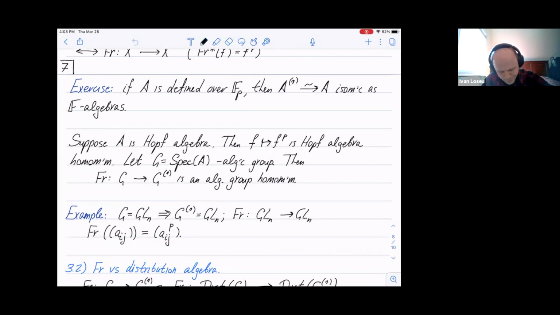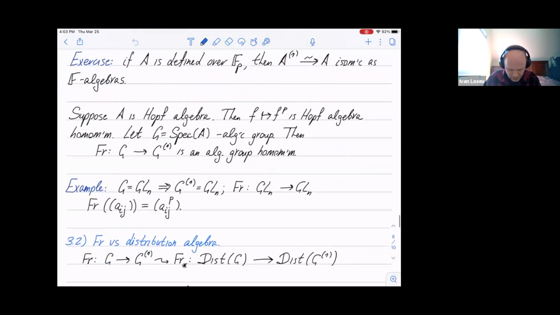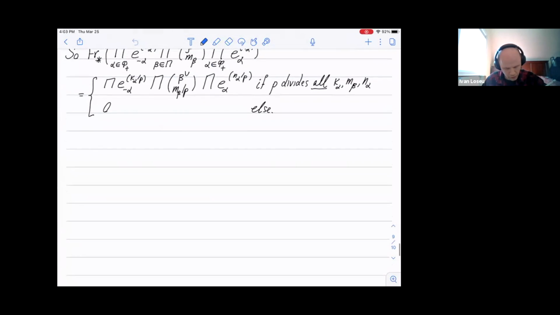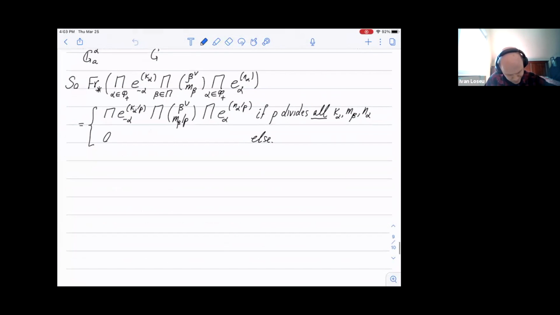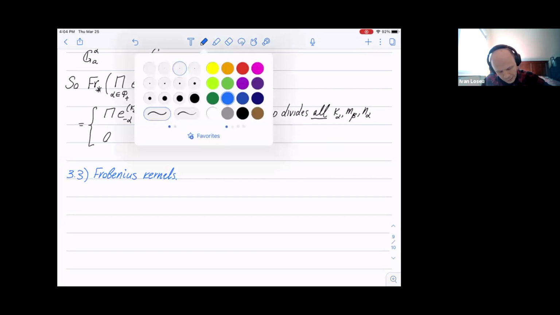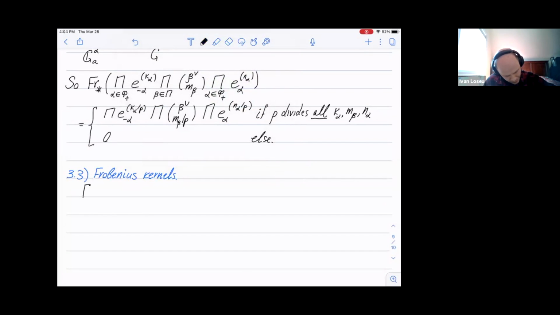So today we are going to start by talking about Frobenius kernels. I think that's section 3.3. What's going on is that Frobenius, which is an algebraic group homomorphism from G to G^(1), is an epimorphism.